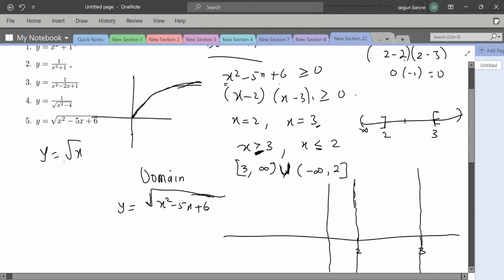So x is only positive. You can see x is only positive. So that is why it's going like this. Okay, so you don't have negative values of y. So this is how it will look.